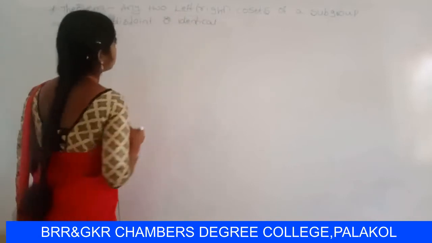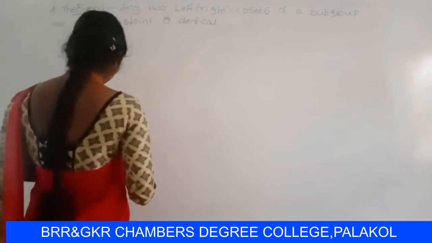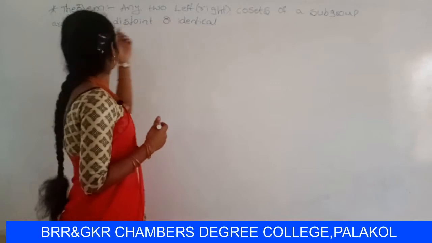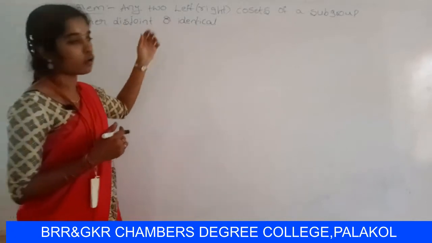Most important theorem. So any two left or right cosets of a subgroup are either disjoint or identical.